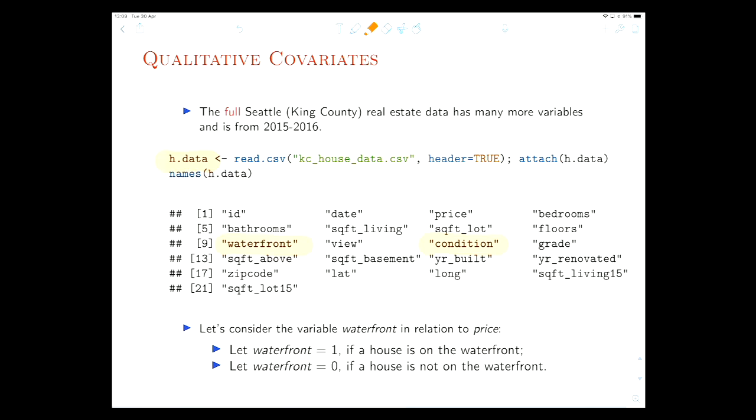If it does, then the waterfront variable takes on the value 1. If it is not on a waterfront, then the waterfront variable takes on the value 0. So although the data is stored as numbers, those numbers do not have numerical meanings. They represent one category versus another. 1 is the presence of a waterfront, and 0 is treated as an absence of a waterfront for that property.